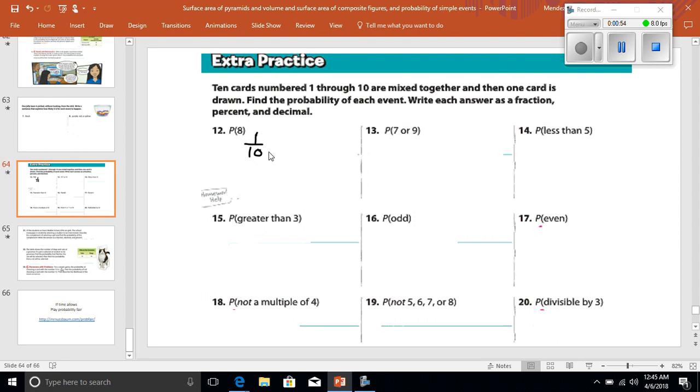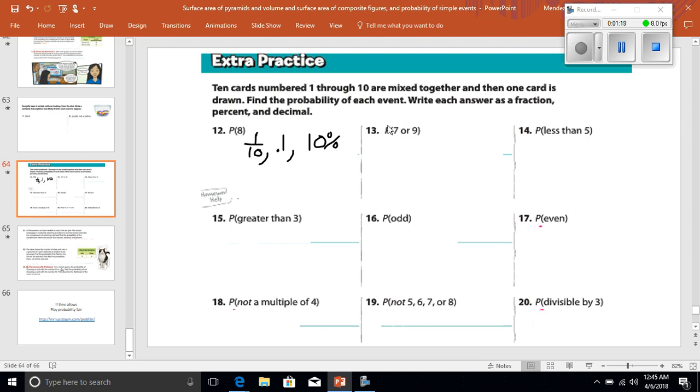If you put that in a calculator, 1 out of 10 will also equal 0.1, which, if we move our decimal twice over, will give us 10%. So it's a 10% chance of the 8 being drawn.